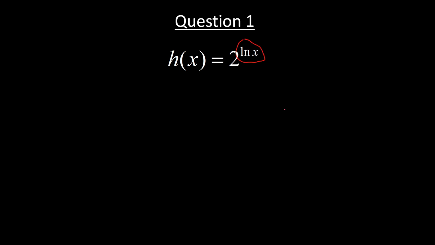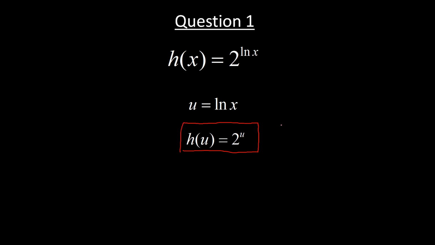The inner function here is the log function, and we're going to call that u. When we call the inner function u, the outer function, the exponential function, is now a derivative pattern. And so is u. These are both our derivative patterns now.